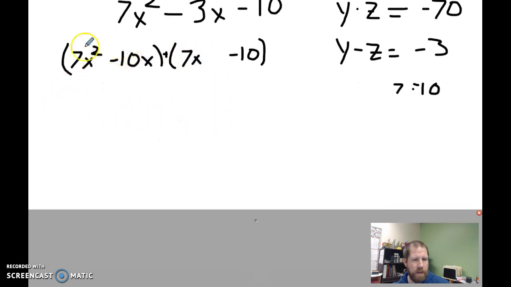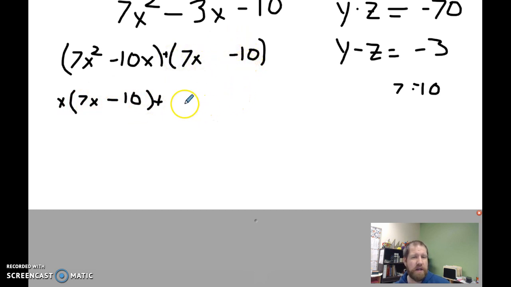Okay, the greatest common factor here is just x, because 7 and 10 don't share any factors. X times 7x is 7x squared, and x times negative 10 is negative 10x. Okay. Now these two, and you can look down here to get a hint on what we're going to do, these don't share any factors.